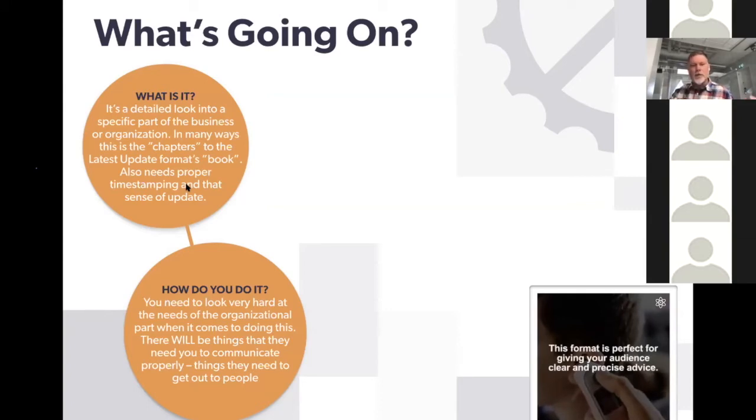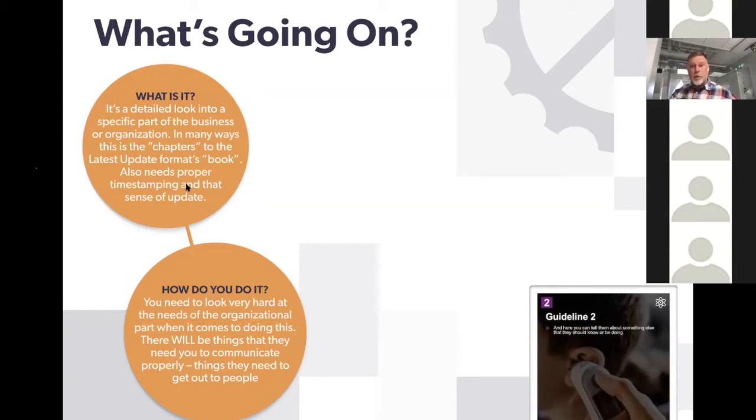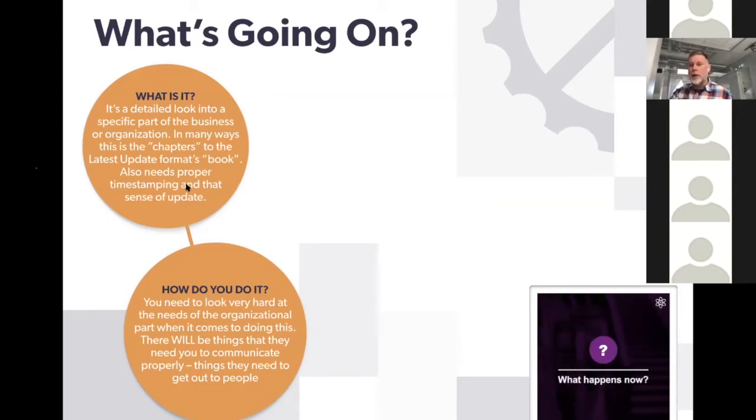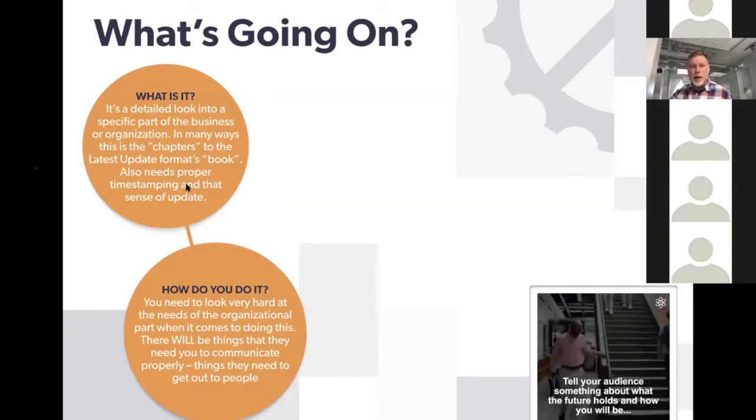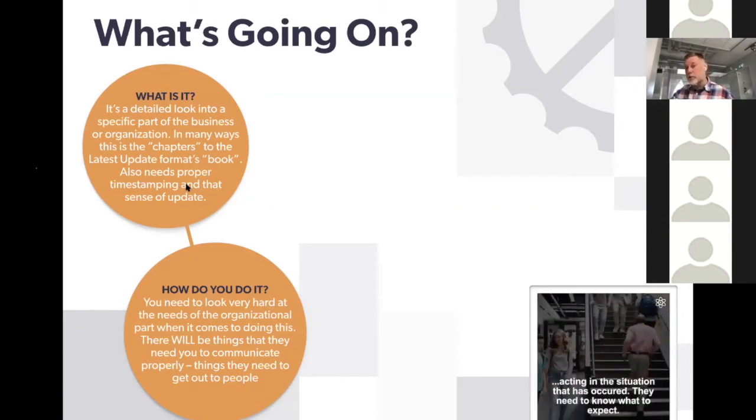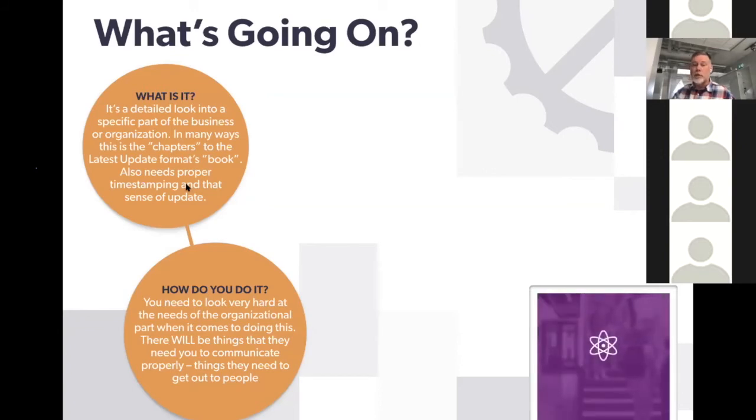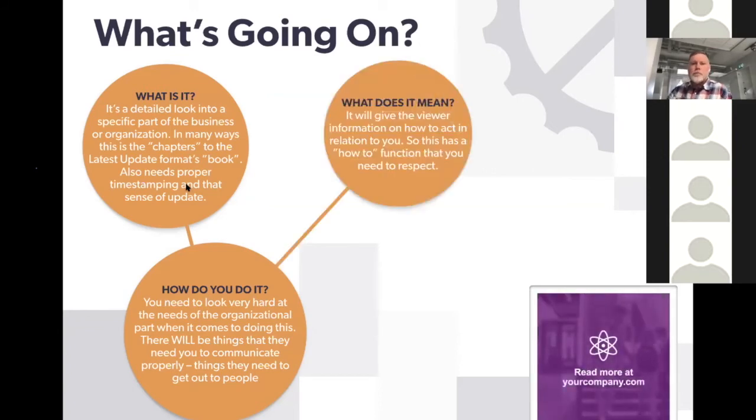So you need to look very hard at your own organizational needs of communicating stuff. It's not just about giving people what they want to know, but you also have to get out what you want to say, right? Hopefully the line between those two is very thin, but sometimes it's not, and you have to take care of your own internal needs as well.